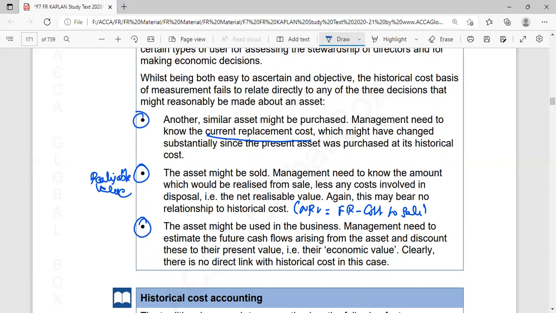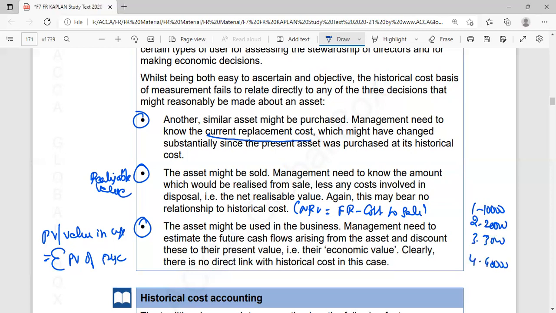Then the next one is the present value, or value in use. That is the summation of the present value of discounted cash flows in future. Say after 1 year, 10,000; after 2 years, 20,000; after 3 years, 30,000; after 4 years, 40,000.